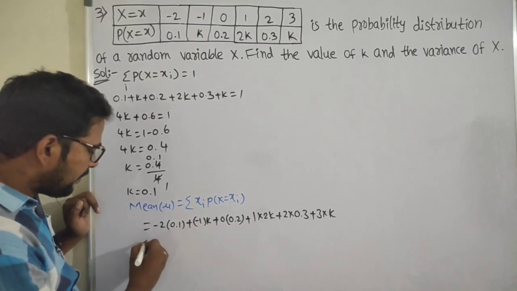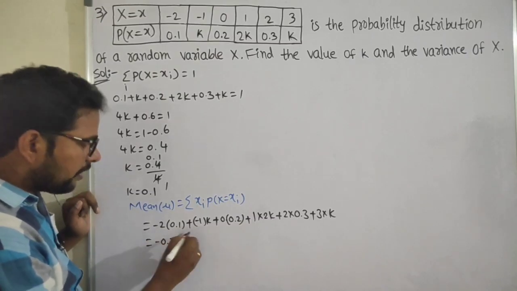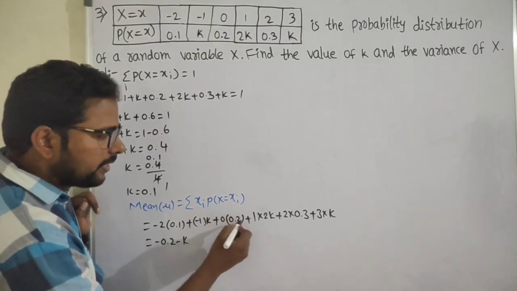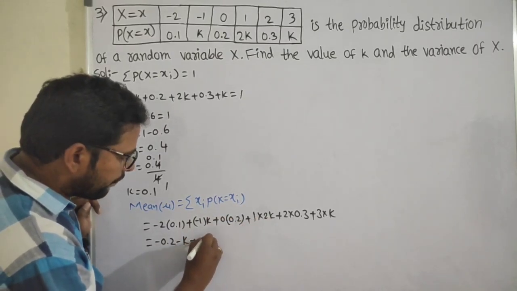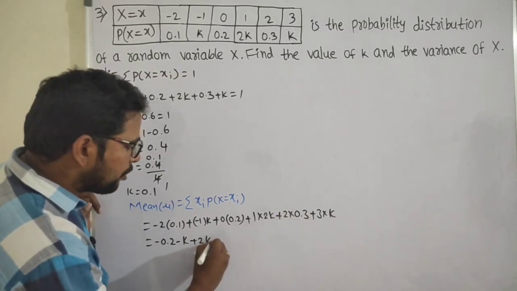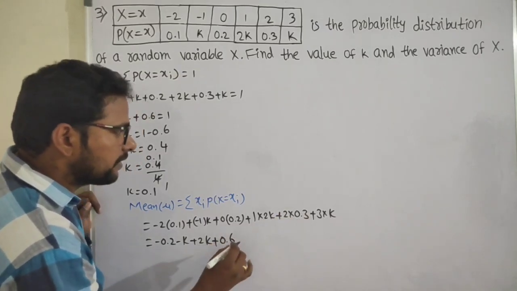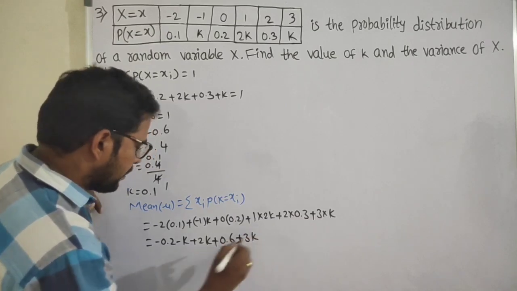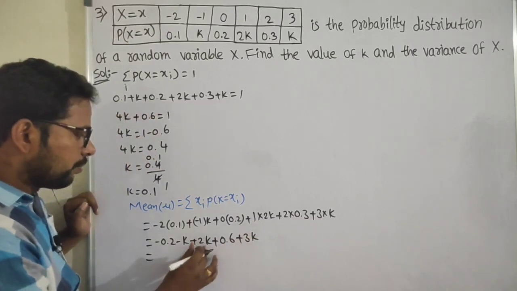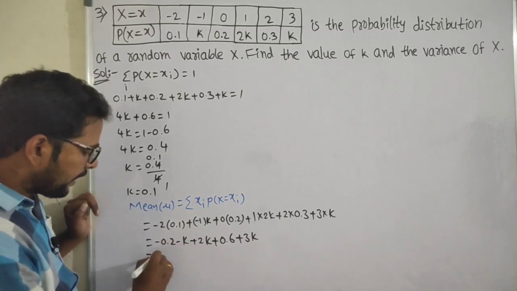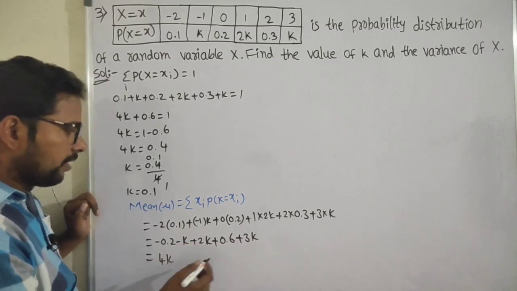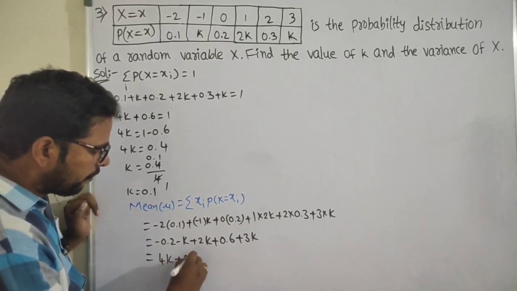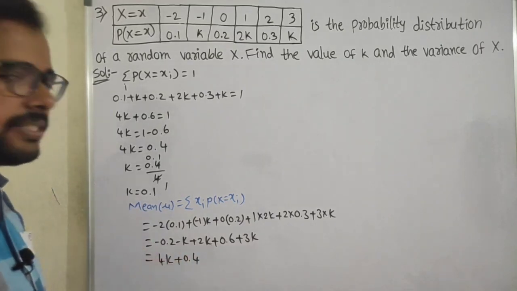Take the product of outcomes and their probabilities. -2 into 0.1 is -0.2, -1 into k is -k, 0 into 0.2 is 0, 1 into 2k is 2k, 2 into 0.3 is 0.6, and 3 into k is 3k. So 3k plus 2k is 5k, minus k is 4k. 0.6 minus 0.2 is 0.4. So mean is 4k plus 0.4.